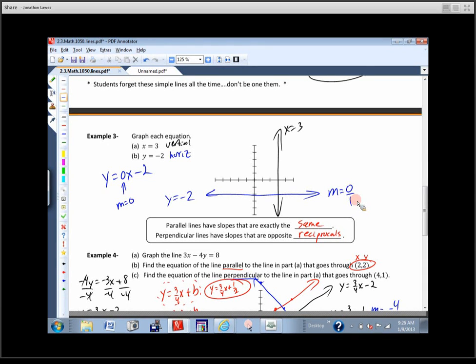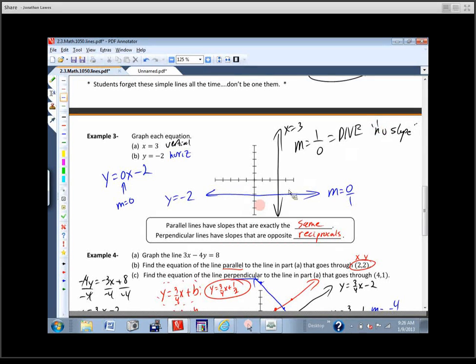Now, we said perpendicular lines have slopes that are opposite reciprocals. What's the reciprocal of this? It puts a 0 on the bottom, right? Okay. Does not exist. No slope. So these are perpendicular to each other.